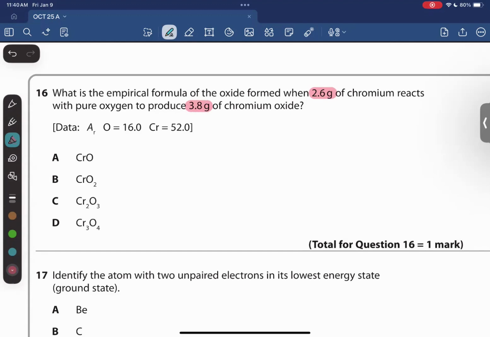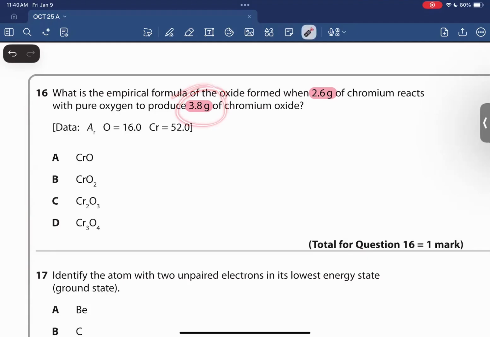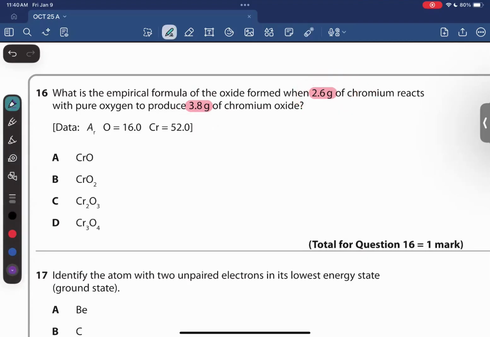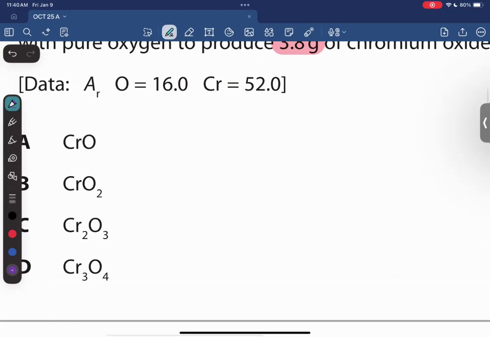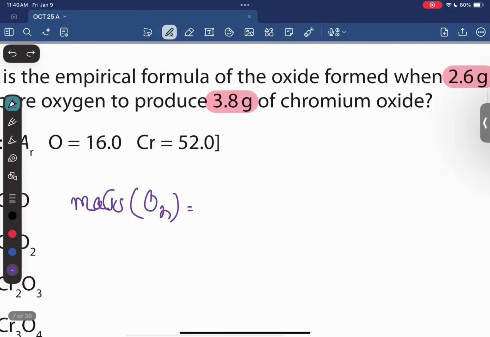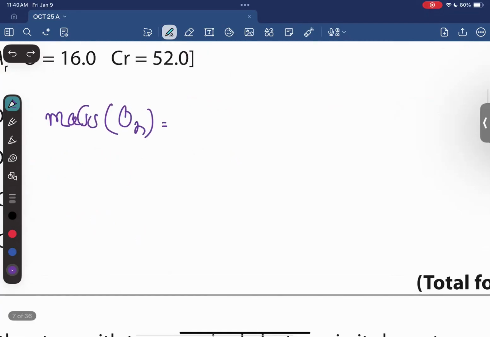Okay. So what should be the answer of it, right? We basically know the entire mass of oxide, okay? And we also know the mass of chromium. So what we could do is we could figure out the mass of oxygen. So the mass of oxygen should be equivalent to 3.8 minus 2.6.